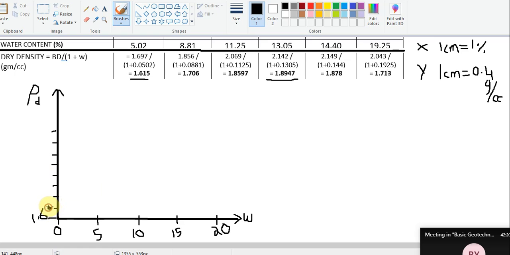So this is 1.64, 1.68, 1.72, 1.76, 1.80, 1.84, 1.88, and finally 1.92.